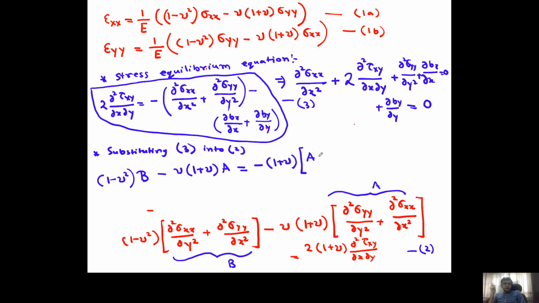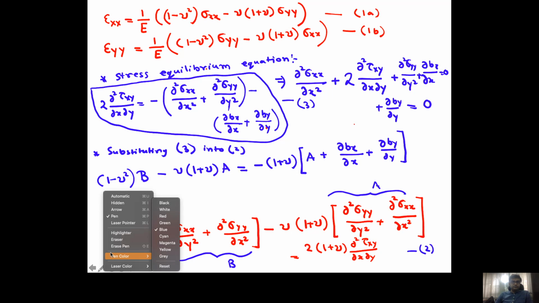And then what do we have? Let us see. We have one A here. And then we have plus del Bx del x plus del By del y. Now this 1 minus nu square, let me write it as 1 plus nu into 1 minus nu.